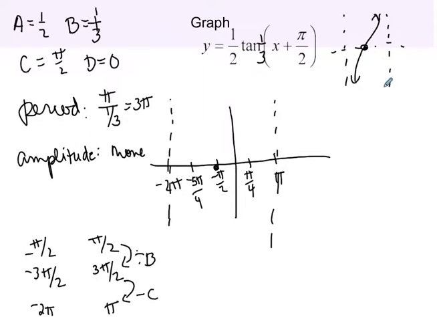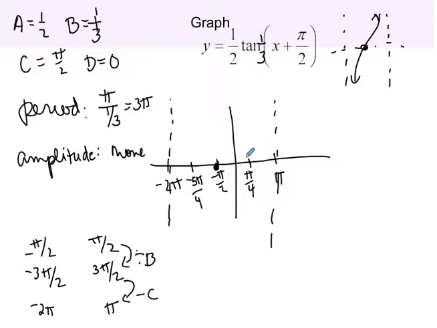right here. Now, there is no amplitude for tangent. However, we're going to pretend for a minute that there's an amplitude. And we also have to make sure, I noticed there's no shift here. Had there been a shift, I would have had to draw in a transformed x-axis. But my x-axis just stays put. Now, on the right-hand side, it is up a pretend amplitude, which is a half.